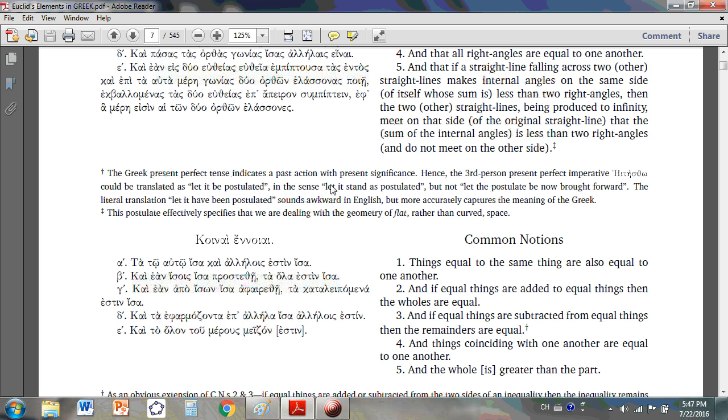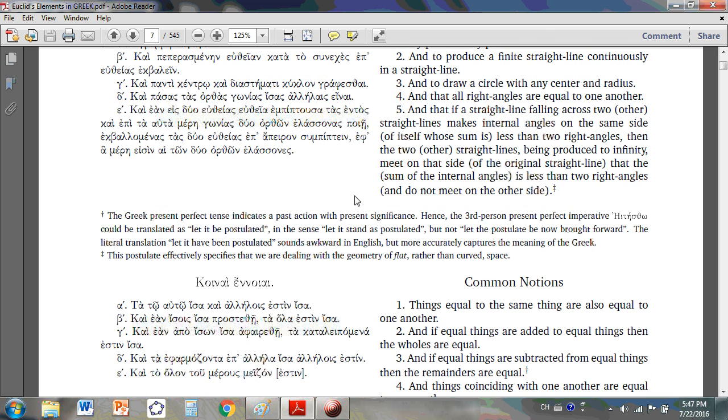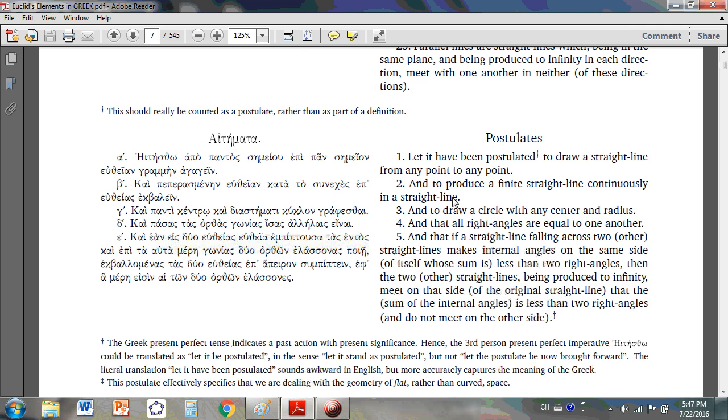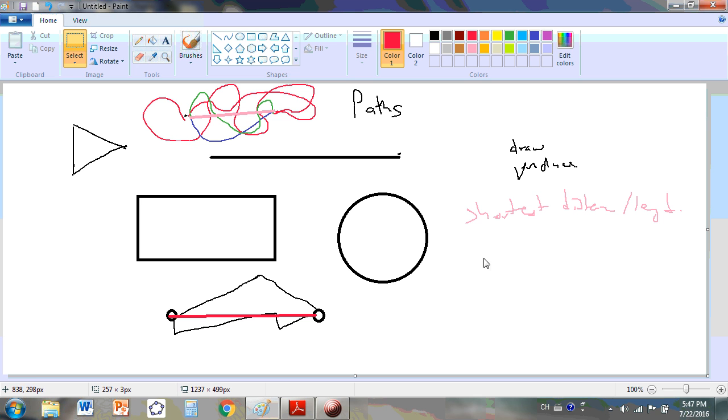I don't know how Heath arrived at this understanding here, but it's definitely not correct. And just to finalize on this particular topic, the word postulates is a bad choice. It should rather have been something like claims.